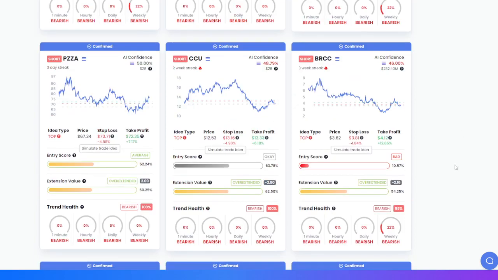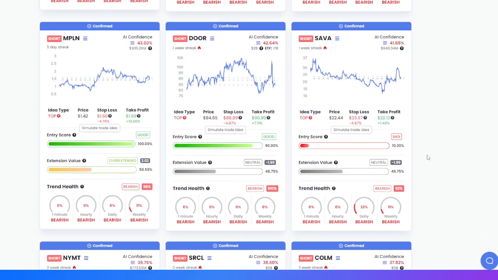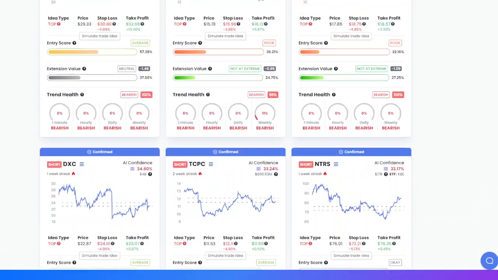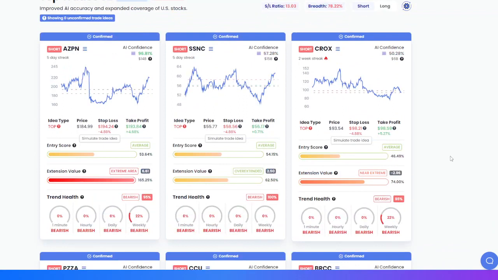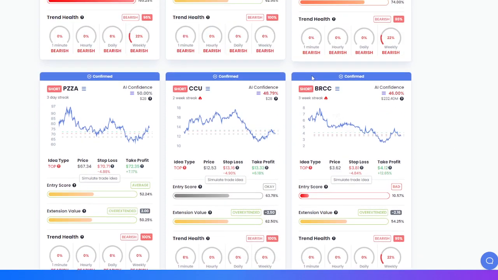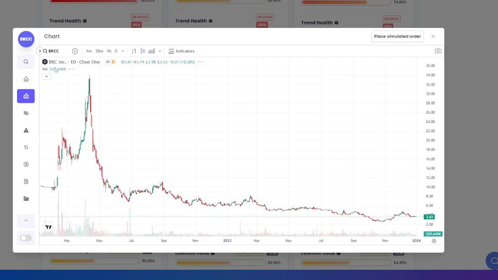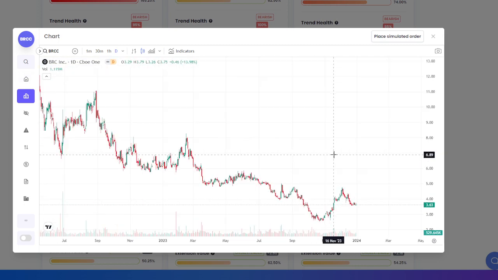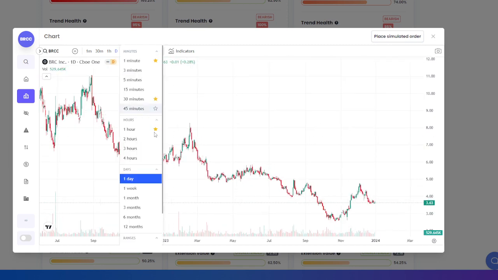These two barriers will help you enter trades that are less risky, but there's also less opportunity because, as you can see, they've already started going down.